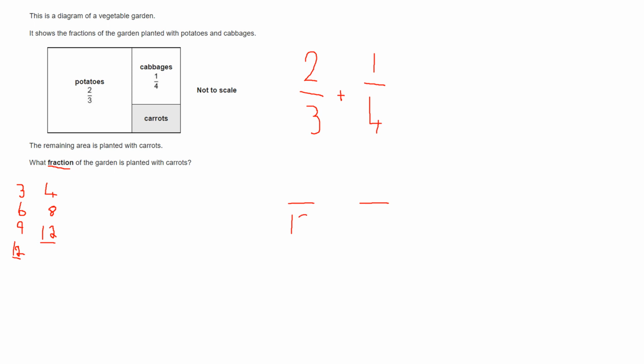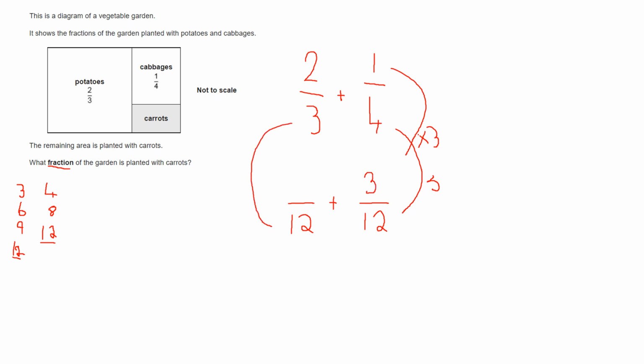So I now need to find my equivalent fractions, and I'm remembering the rule, whatever I do to the bottom of my fractions, I must do to the top. So if I times my denominator 4 by 3 to get 12, I must times the top by 3, which gives me 3.